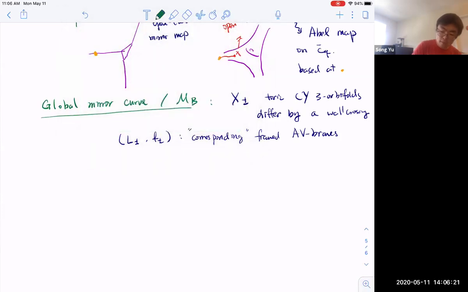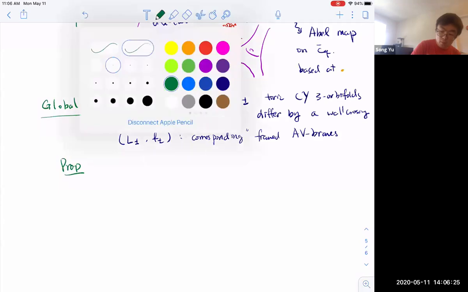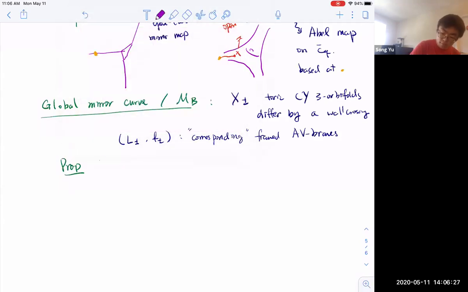So in this setup, we have the following result, which is that we can identify the mirror curve equations. H plus will be some monomial times H minus.